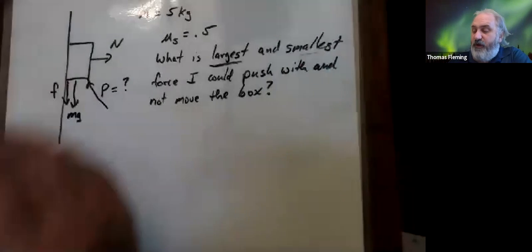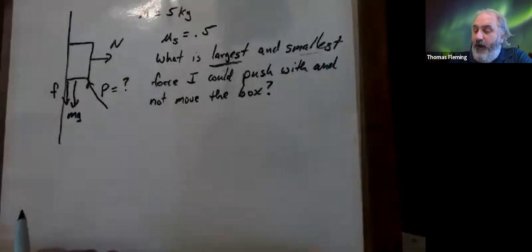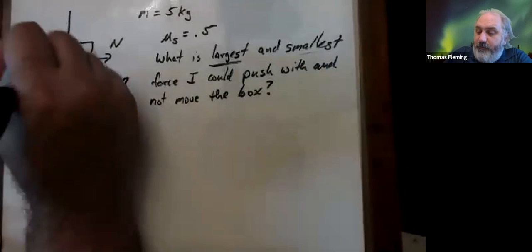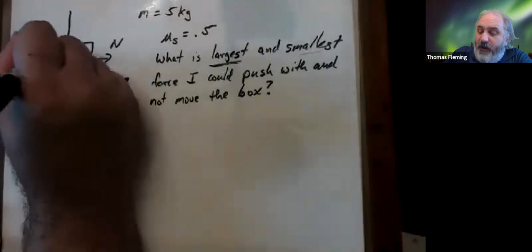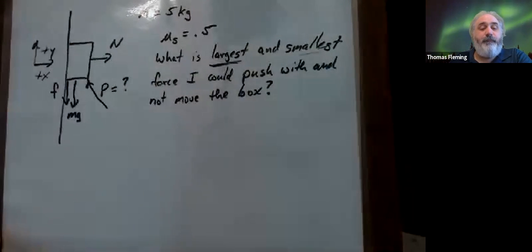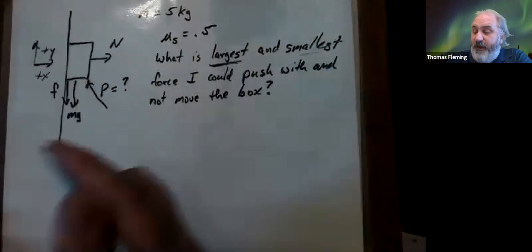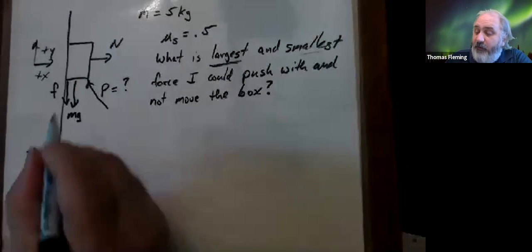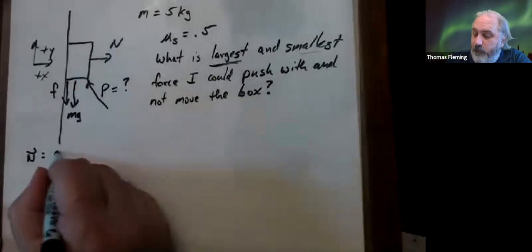So just working it this way, I'm going to choose a regular boring coordinate system. Here's the positive X direction. Here's the positive Y direction. If I do that, breaking them down is pretty easy. The normal force is apparently only in the X direction.